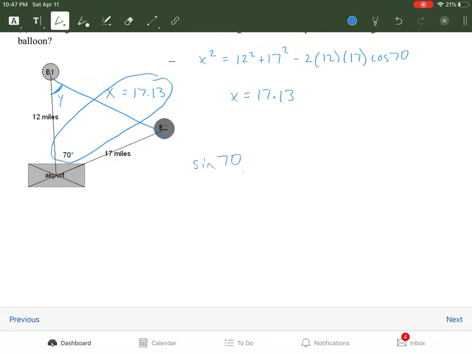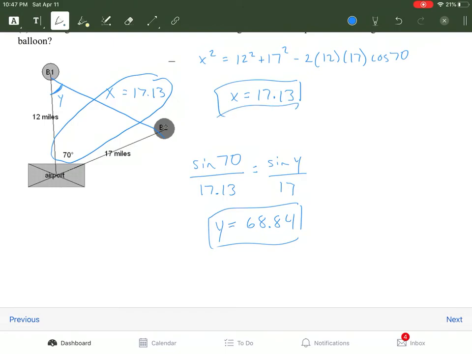So we can do the sine of 70 divided by 17.13, and that equals the sine of y, and the corresponding side to angle y is 17. Now if you cross multiply and do the inverse, y will equal 68.84. There's your answer.